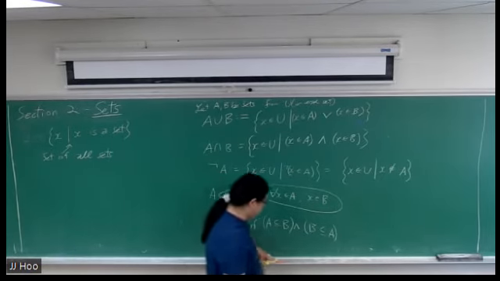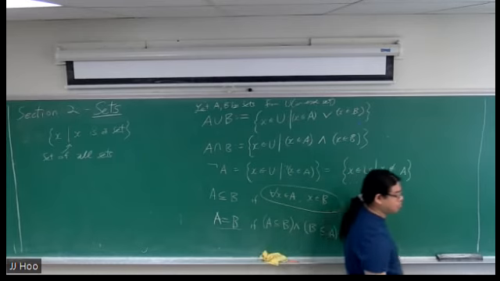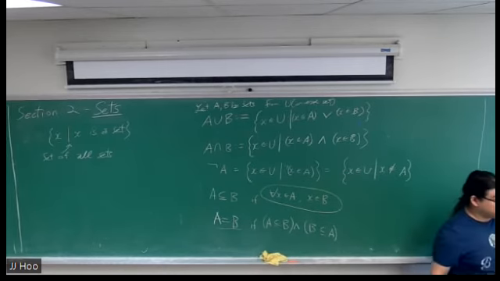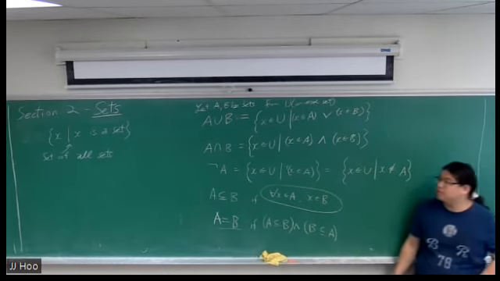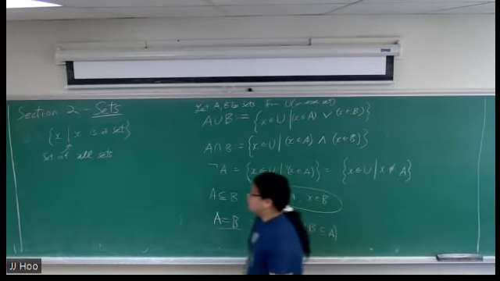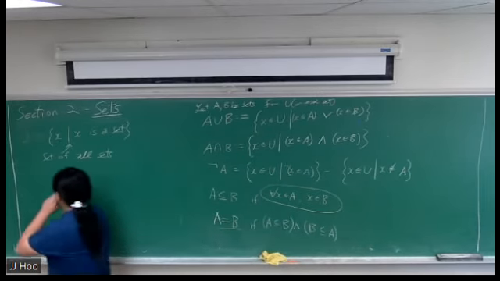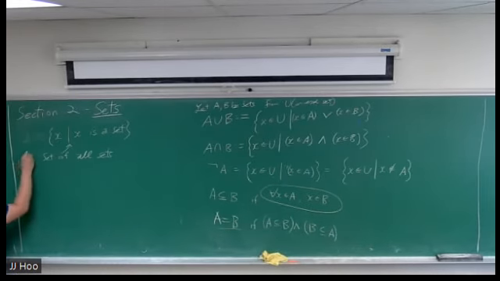The immediate thing most people say is, well, I'm allowed to just provide a property, so yeah, this is a set. But here's the problem. Let's just call this S, capital S, and say S is the set of all sets.